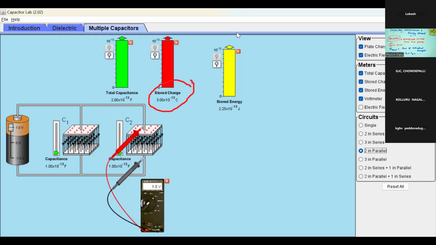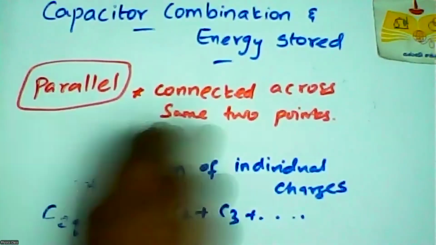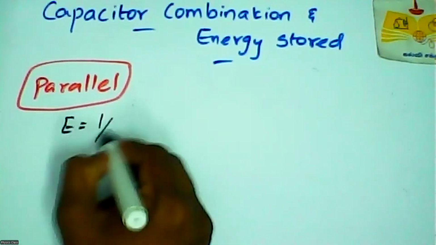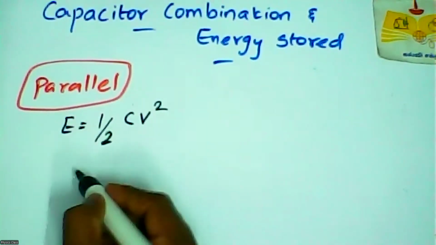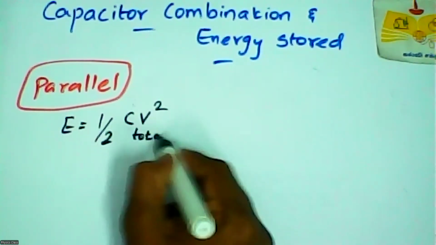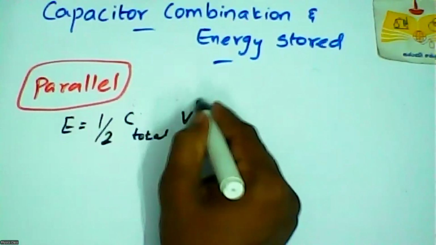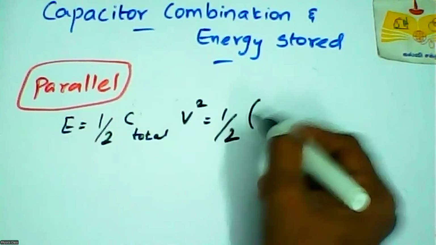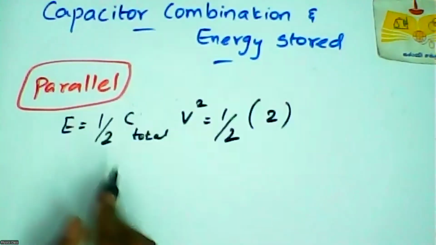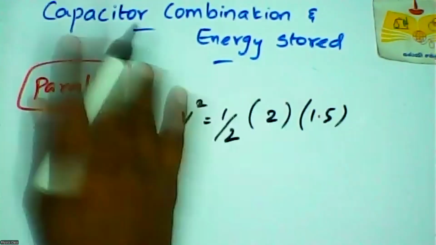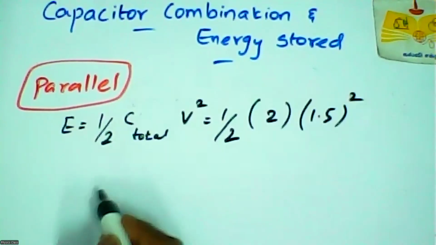We will check that. E is equal to half C total V square. In parallel connection, C total means 2, 1 plus 1, correct? And V is 1.5, which is the same across each capacitor, squared.